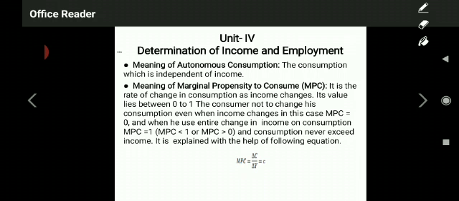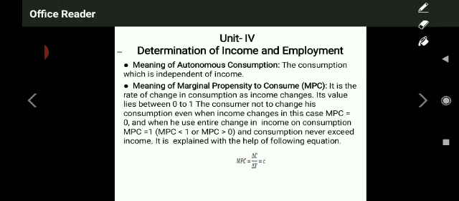In an economy like India, how the income of a country is determined and how employment is determined. These things we have to understand in this topic. There are a few diagrams and a few equations coming over here. With the help of those diagrams and equations, you have to understand this topic.